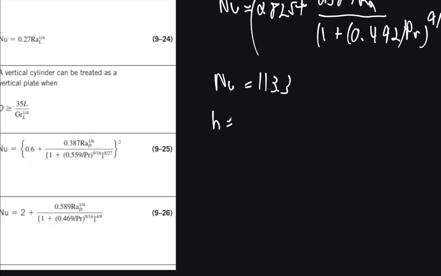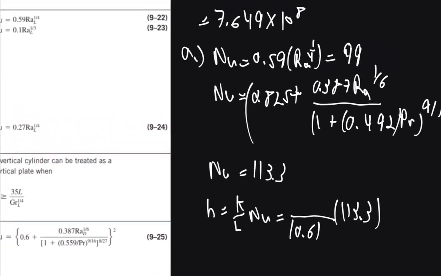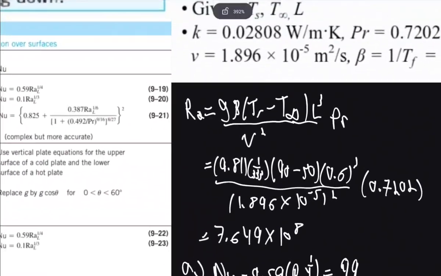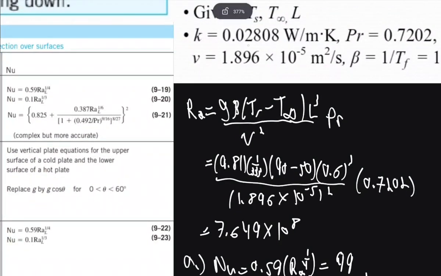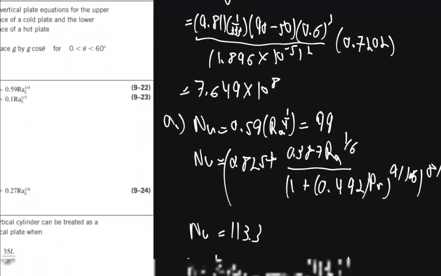So h is k over L times the Nusselt number. So L is 0.6, the Nusselt number is 113.3, and k was given, 0.02808.